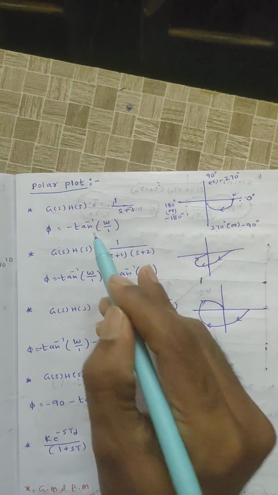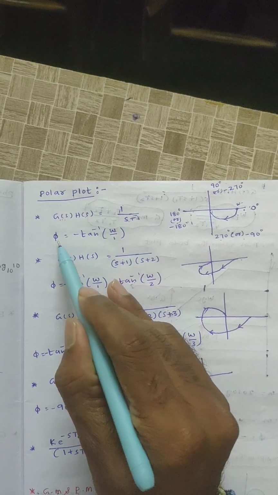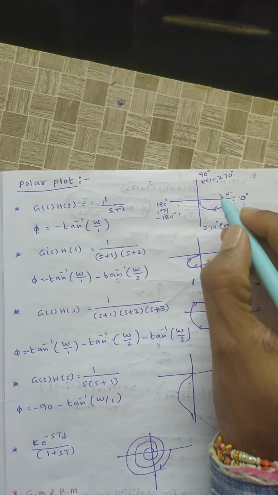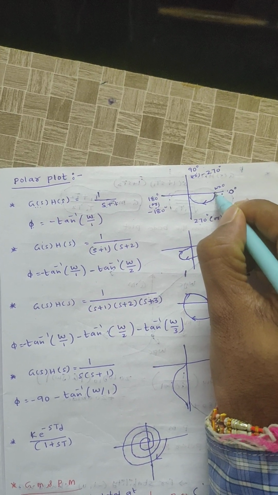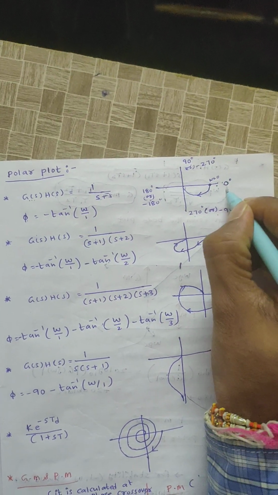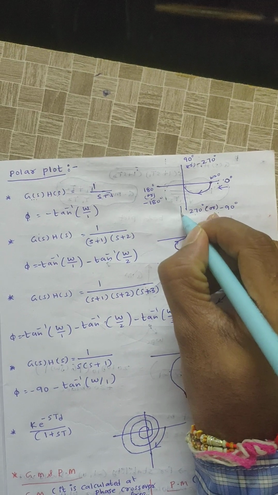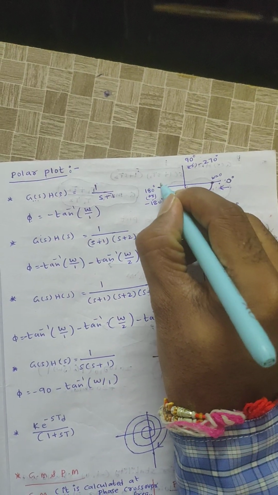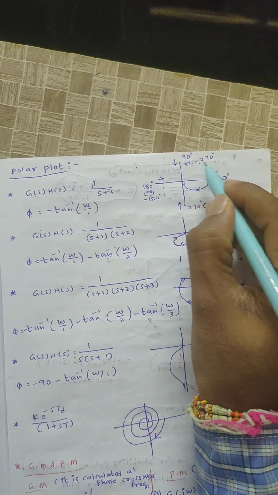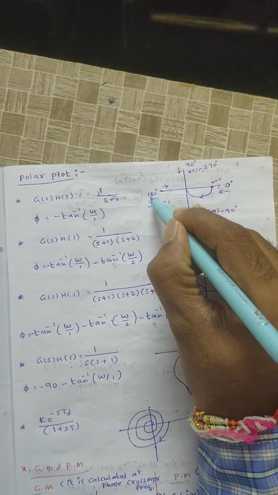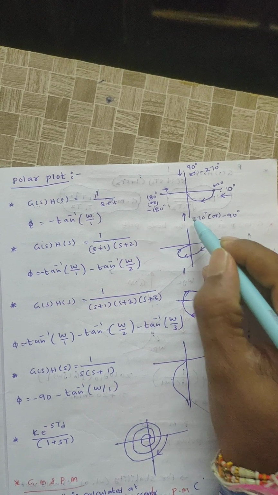Now if I substitute ω = 0, phi is equal to 0 degrees, so it starts from 0.